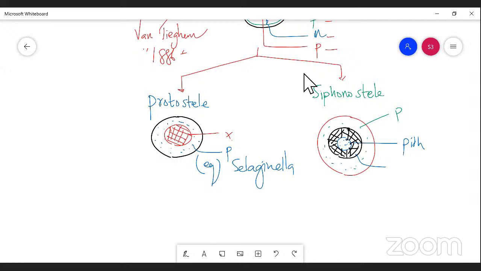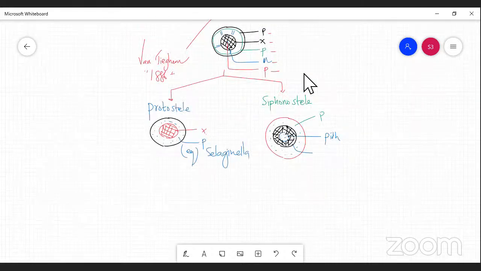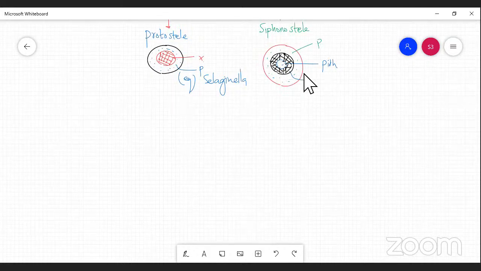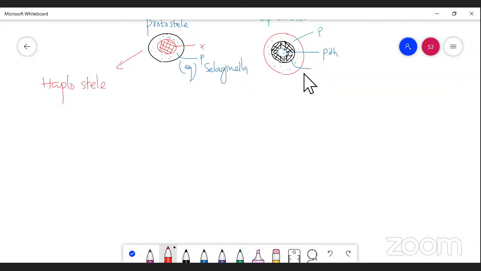Next, protostele is further classified into the following types. The first type is haplostele.